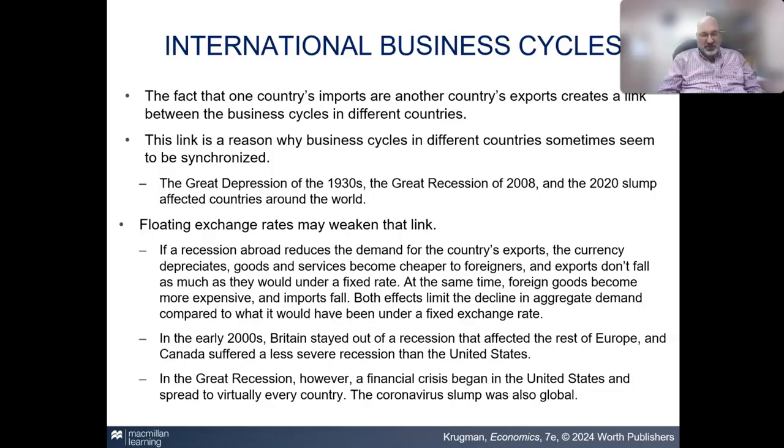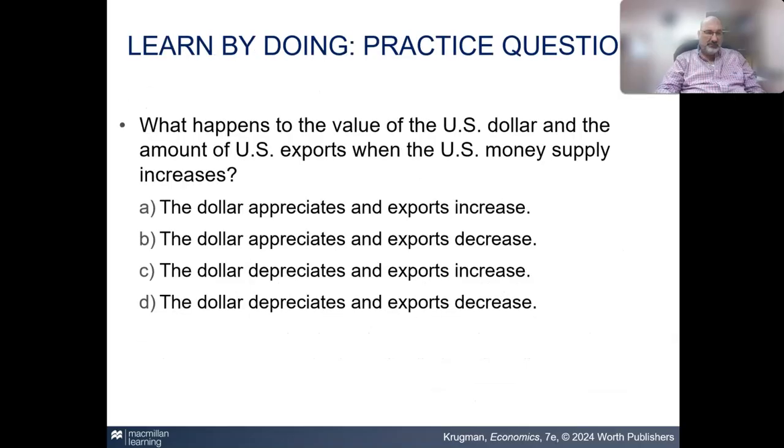So many other countries are intertwined into our housing and financial markets that they can't help but be affected. Not a lot we can do about that.